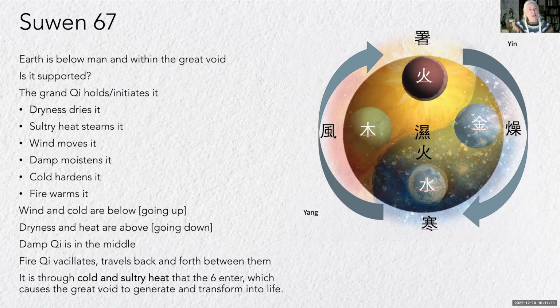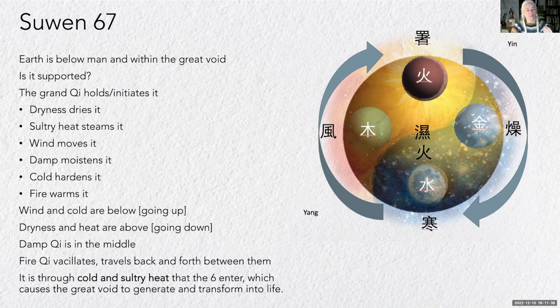Okay, so now going to a few things in chapter 67 of the Suwen. It says, earth is below man and within the great void. And Huangdi asks, is it supported? And then Qibo answers, the great chi or the grand chi holds or initiates it.